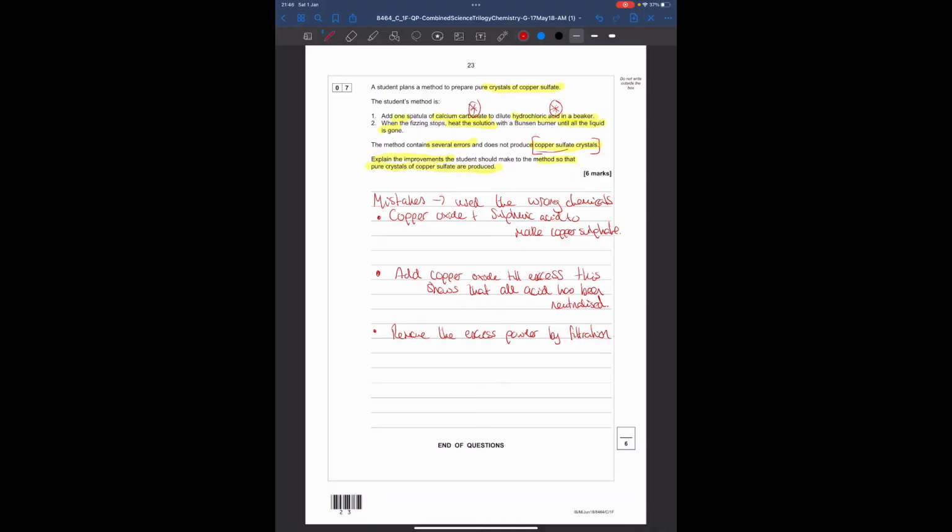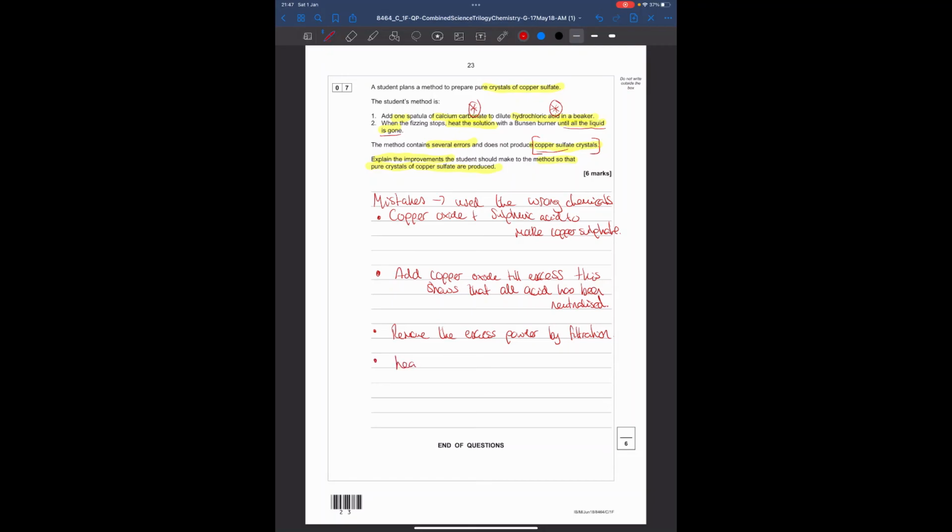Now, again, heat, and they've heated it until all the liquid is gone. If you heat it until all the liquid is gone, then your crystals will start to break down. What you need to do is heat it until there's a little bit of water left, and then you leave it to cool slowly to allow the crystals to form.